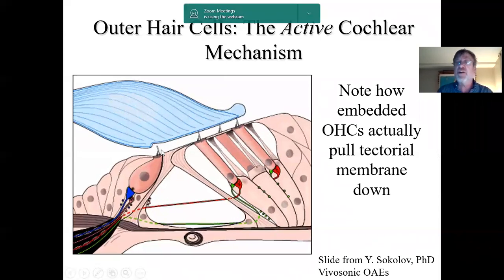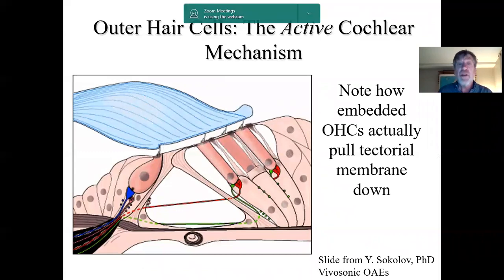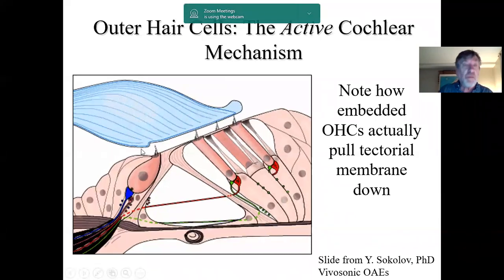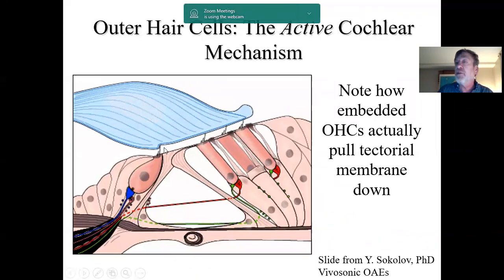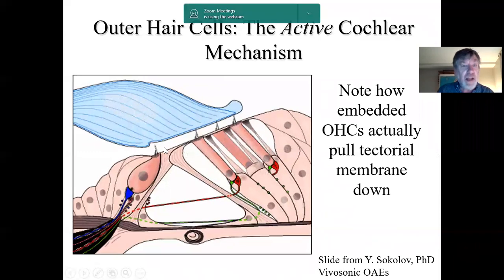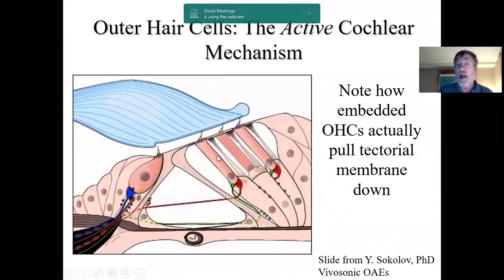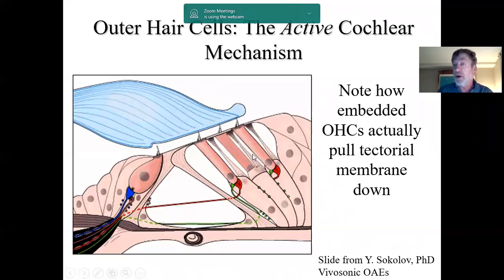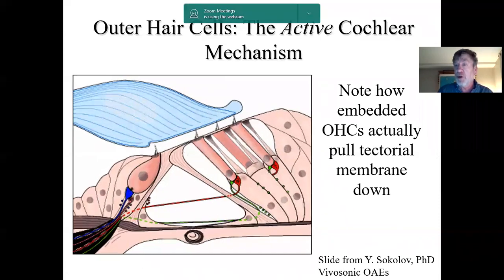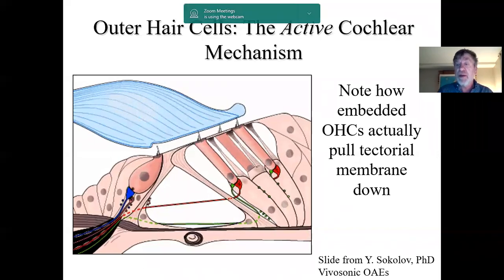If sounds activating the cochlea are loud, then there's enough fluid motion taking place in here to bend those hairs by themselves. But if sounds are less than 50 dB activating the cochlea, then mechanical help of the outer hair cells is required. Imagine the speed with which this all has to take place.